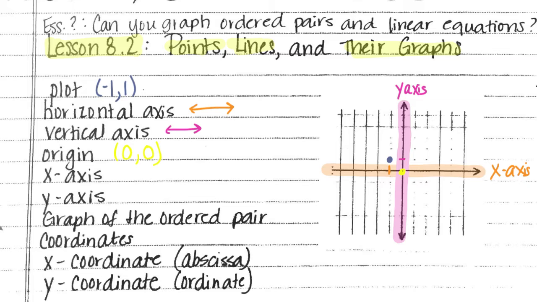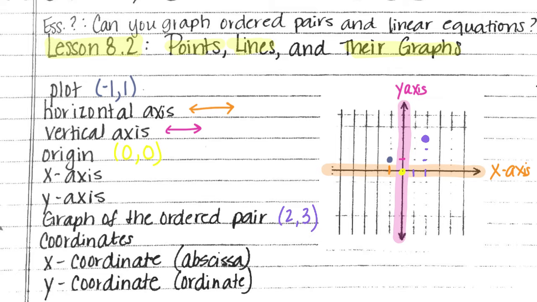We've already talked about where the x and y axes are. If I am to graph an ordered pair, let's say I have to graph +2, +3. +2, +3 is graphed just like that in purple, and we already talked about graphing -1, 1.